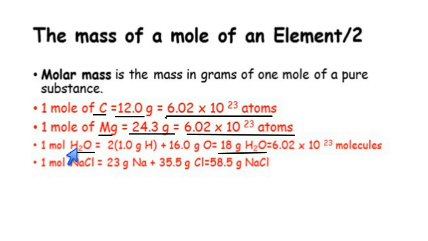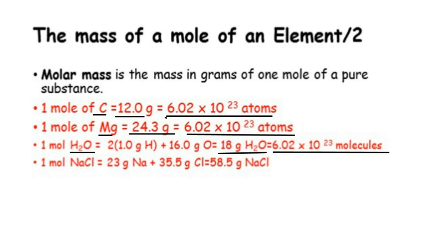I add up the molar mass of each of these, whatever we have. And this number goes with the element in front of it. So it would be 2 hydrogens, or 1 is understood here, 1 oxygen. So if I would weigh 18 grams of water and then count the molecules, here notice this is atoms because I just have carbon and magnesium, but if I would count the molecules of water, I would have this many molecules of water in 1 mole of water.